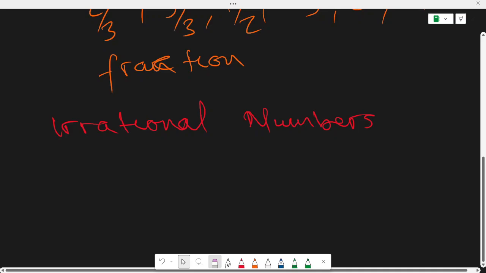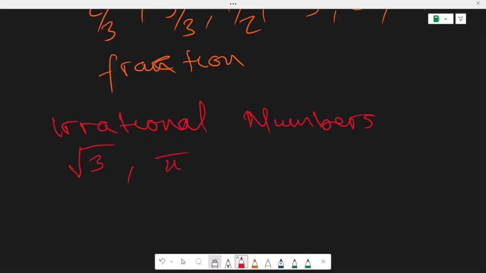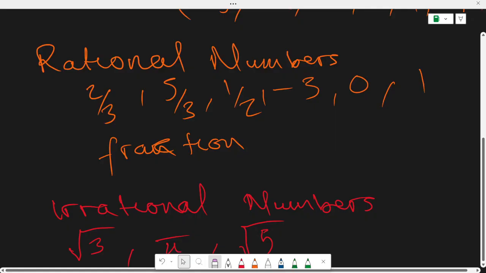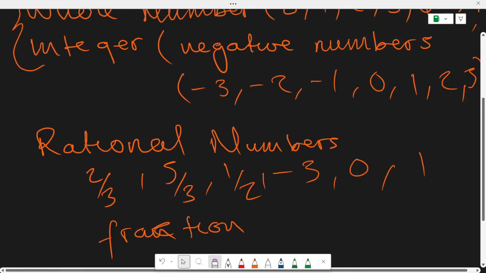These are numbers like √2 or √3, pi, and √5. These are irrational. They can't be expressed in the form of a fraction. So these are separate. They cannot be included in all these other sets of numbers that we've talked about.